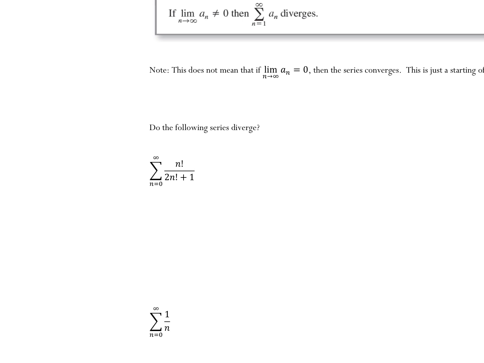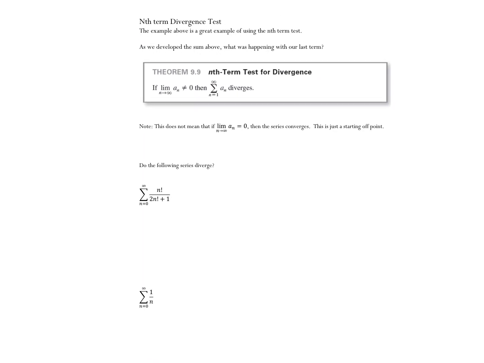Everybody cool? All right, so for the nth term test, the very first thing we should do is look at the initial term, not of the sum, but just of the sequence itself.